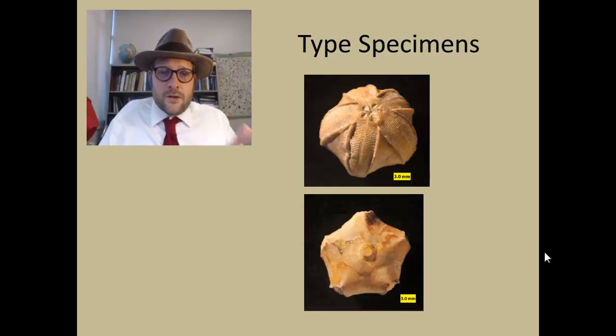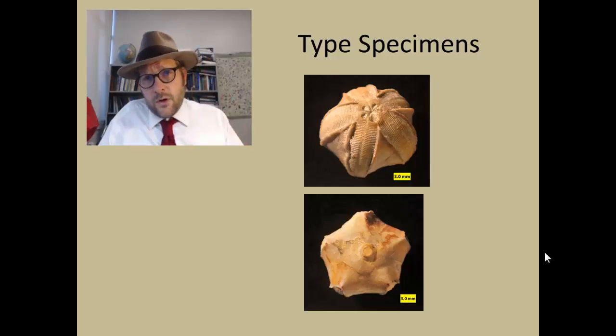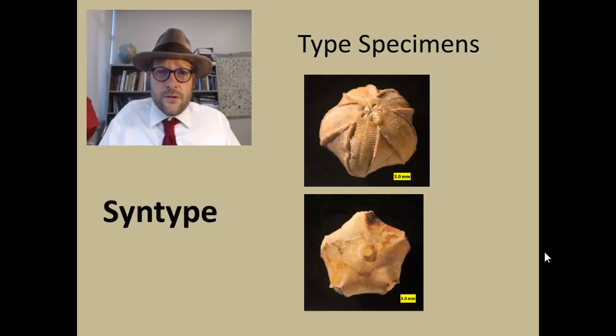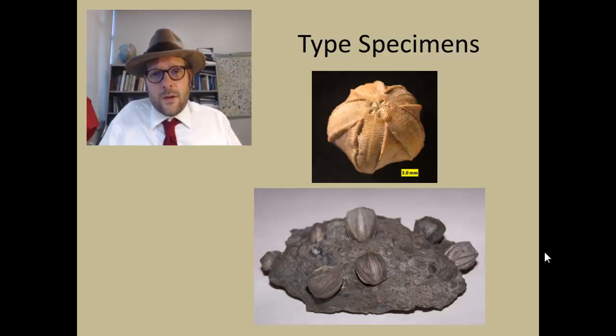Sometimes you have other specimens that you want to include that might have a unique characteristic that's not exhibited in the holotype. Those are called syntypes, and you can add a syntype that may be a little bit better. Sometimes syntypes can be added to previously described specimens where they have a better specimen that they want to introduce as a syntype.